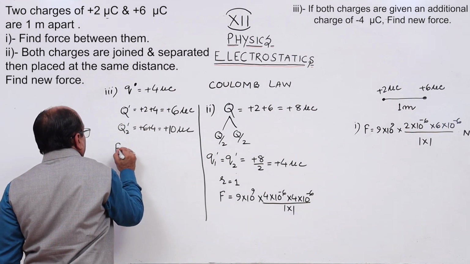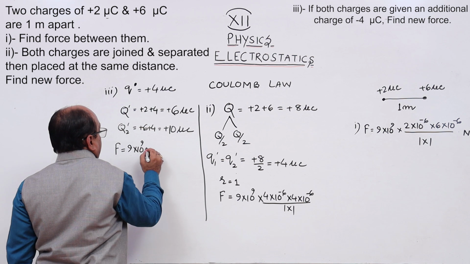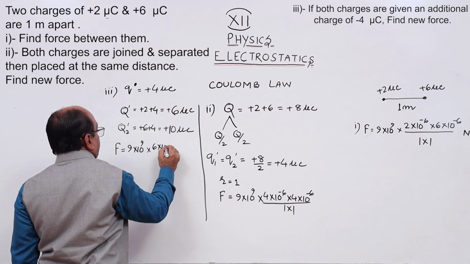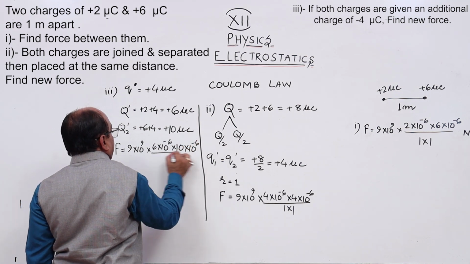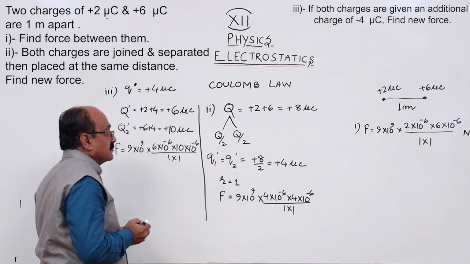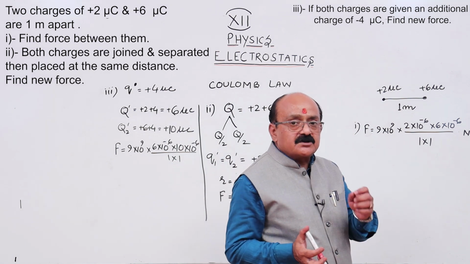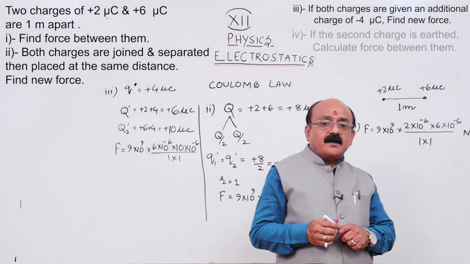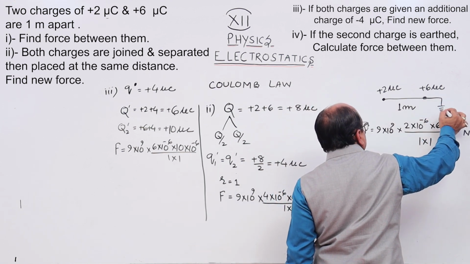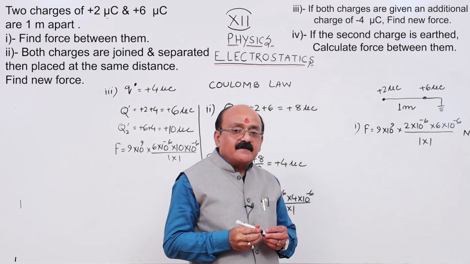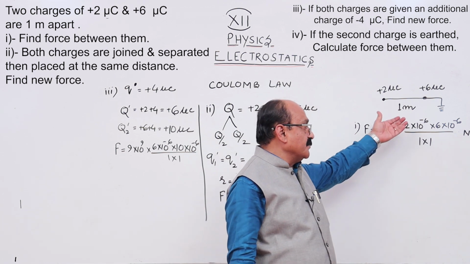Apply the formula again, you will get 9 into 10 to the power 9 into 6 into 10 to the power minus 6 into 10 into 10 to the power minus 6 divided by 1 into 1. Now the fourth part, the most typical one, and the part is, if the second charge is earthed, find the new force.